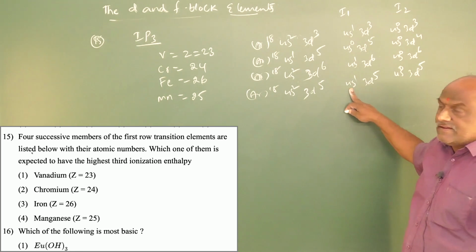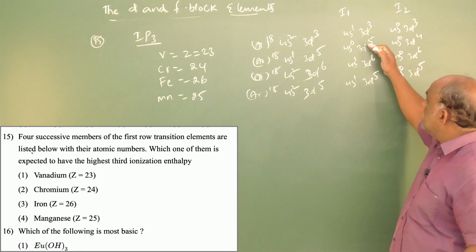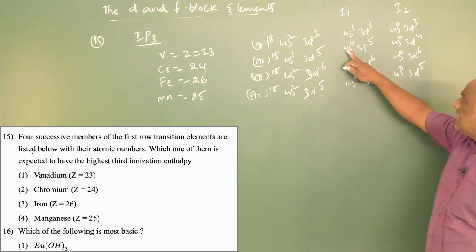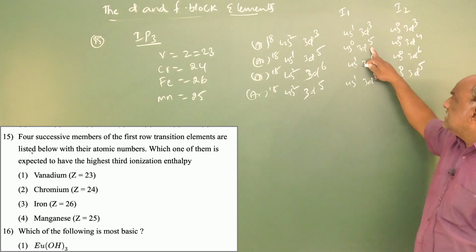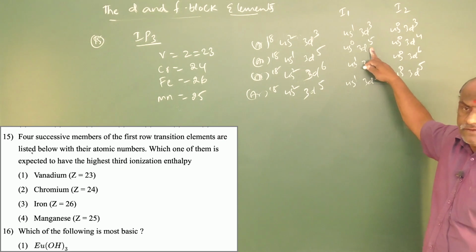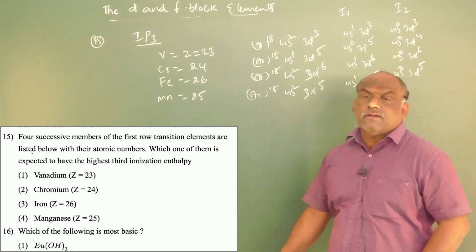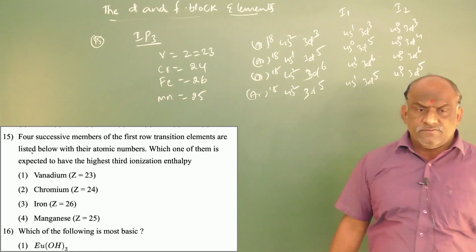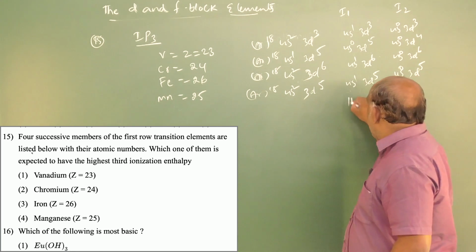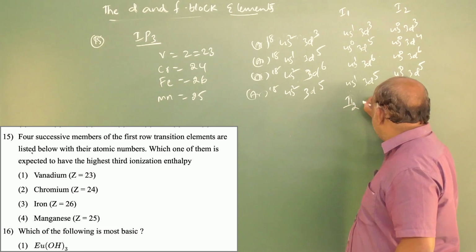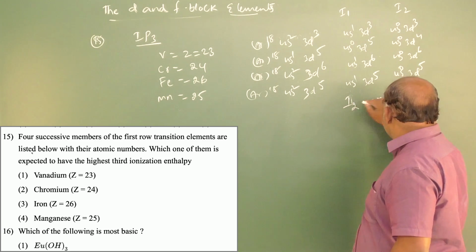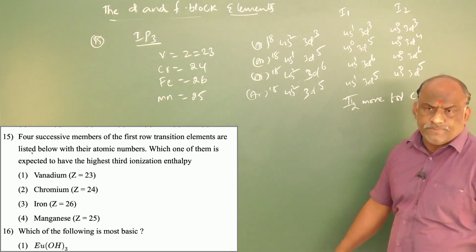After that, second ionization enthalpy values are more for chromium, because after removal of one electron the chromium configuration becomes 3d5. 3d5 means it is extra stable due to the half filled electronic configuration. Due to this, I2 is more for chromium.